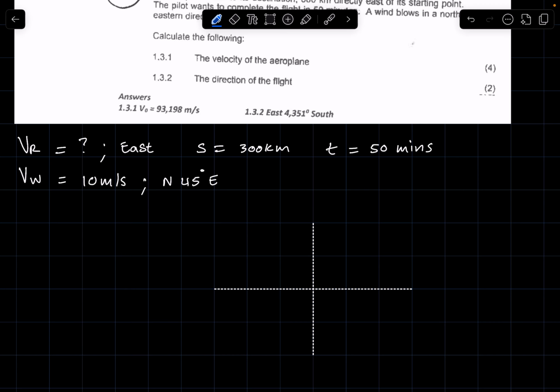As far as the triangle law, the two components, VO and VW, must be such that, in terms of direction, they follow a head to tail direction, and then VR opposes the head to tail direction. That is the most important part to understand regarding the vector diagram.